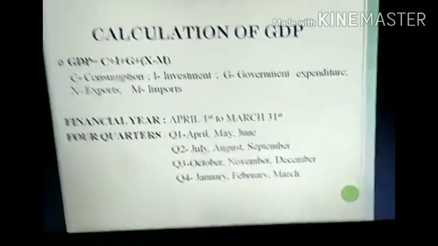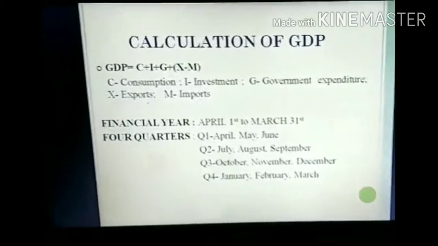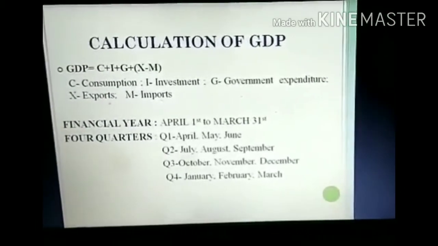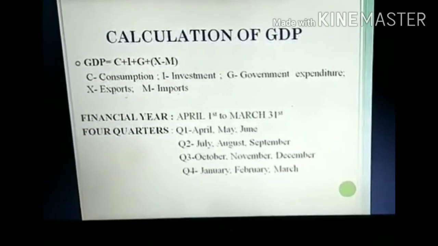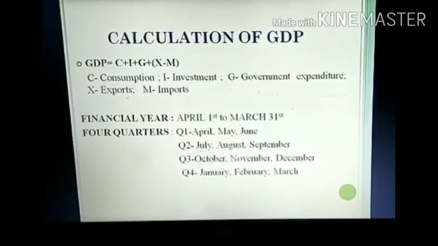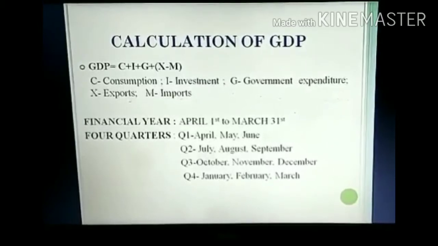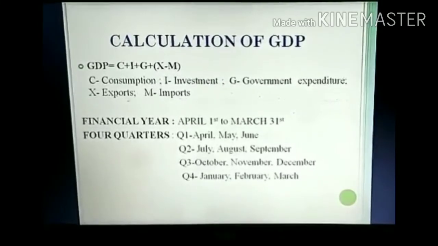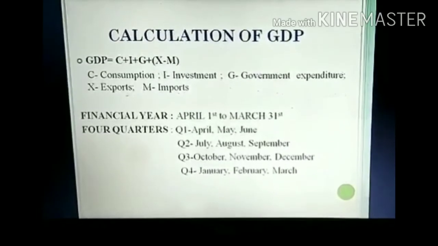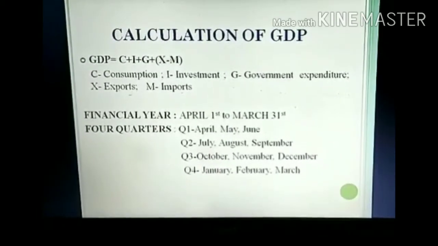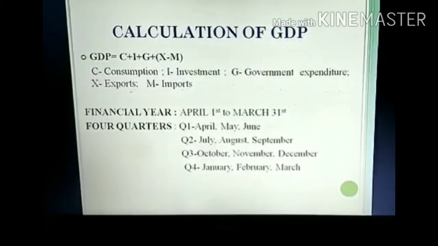Under that, we will use the term financial year. We are calculating our GDP for a financial year that starts from April 1st to March 31st. In the same way, you have heard about the academic year, which starts from June to April, and a calendar year that starts from January to December. But in economics, we use the term financial year for all monetary purposes.